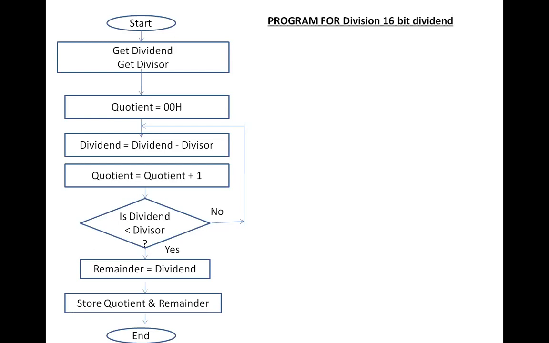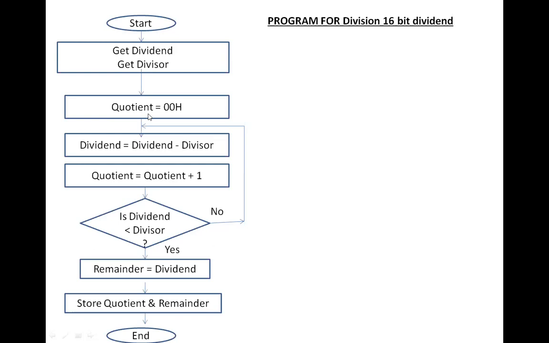So first we will discuss the flowchart, how it will work for 16-bit division, if the dividend is 16-bit and the divisor is 8-bit. First of all, we have to know the value of the dividend as well as the value of the divisor, and we have to initialize the quotient.